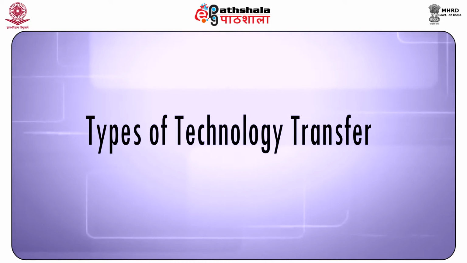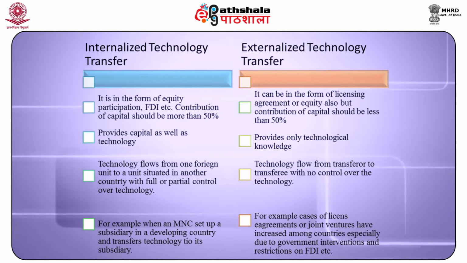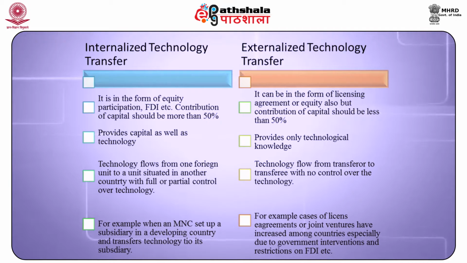Next is types of technology transfer. Broadly, transfer of technology can be of two types. First, internalized technology transfer. Second, externalized technology transfer. Internalized technology transfer is in the form of equity participation, FDI, etc. Contribution of capital should be more than 50%.